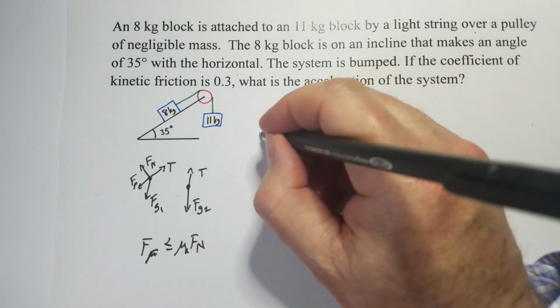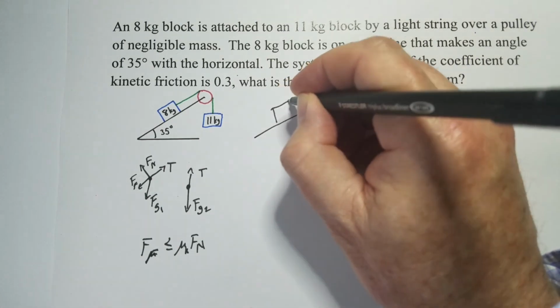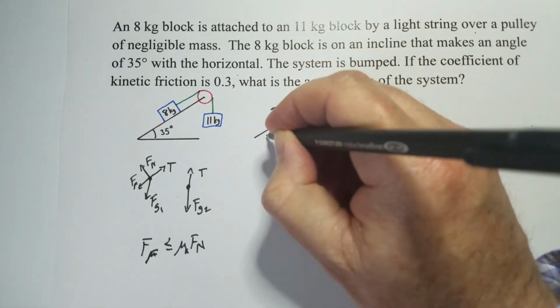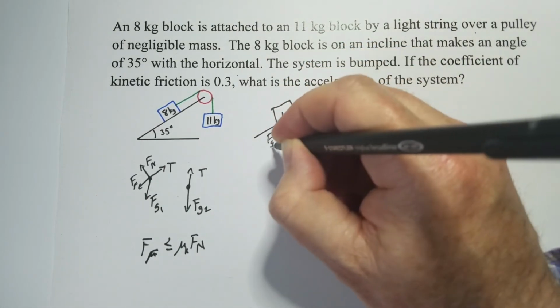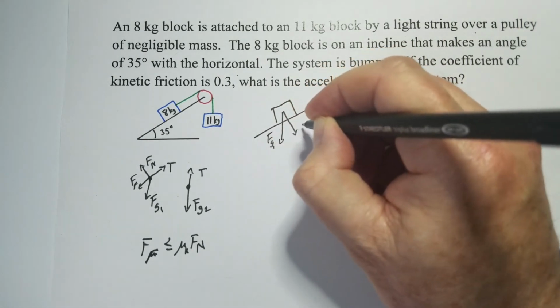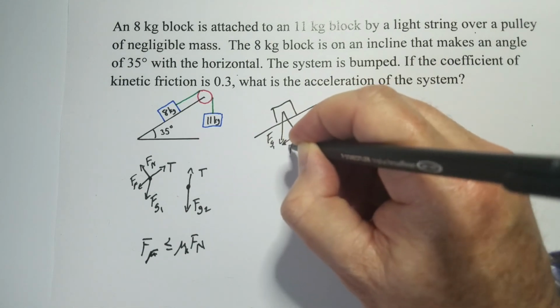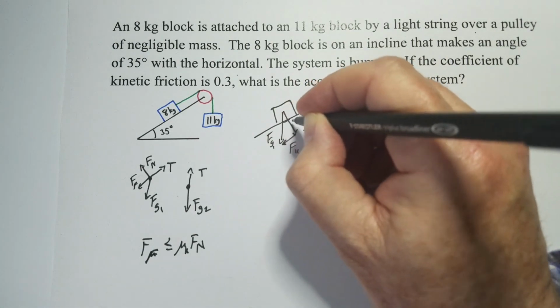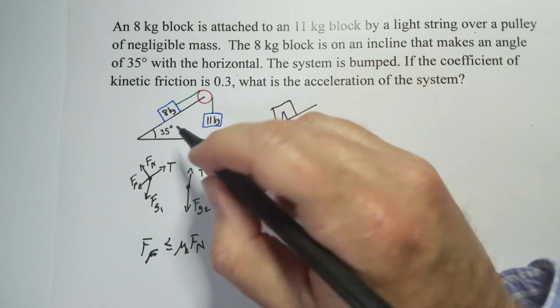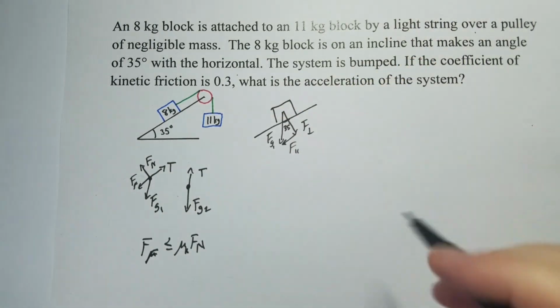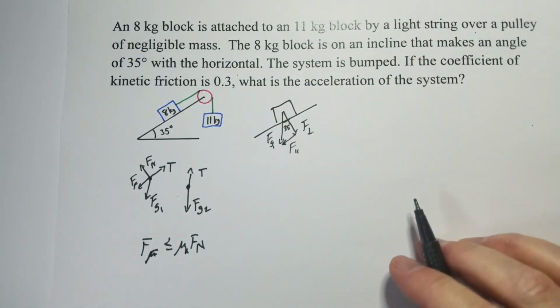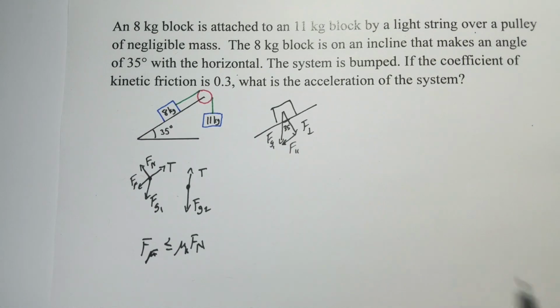So again, we're going to break that weight vector into its two components, the force perpendicular and the force parallel. Again, that angle is going to be the same as this one from similar triangles. We're going to do nearly the exact same math.